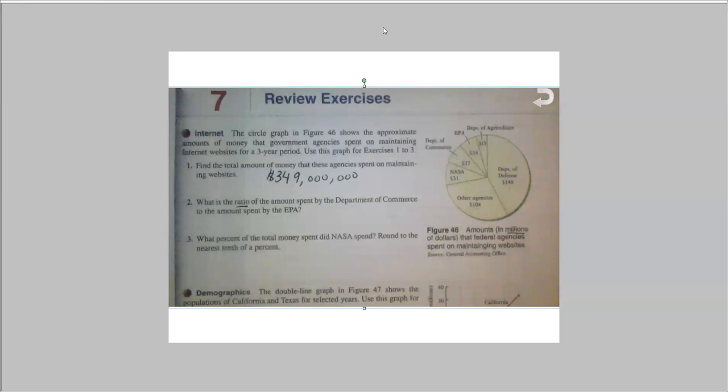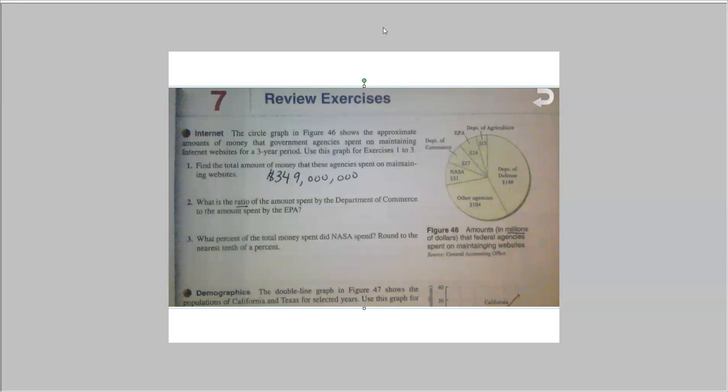So don't forget what we've already learned. Remember, ratios can be given as a fraction with a colon or with the word to. So I'll refresh your memory on what those look like. If a problem does not specifically ask for a type, then I'm open to whichever version you want to give. But make sure you read that problem carefully and give it in whatever form it asks for.